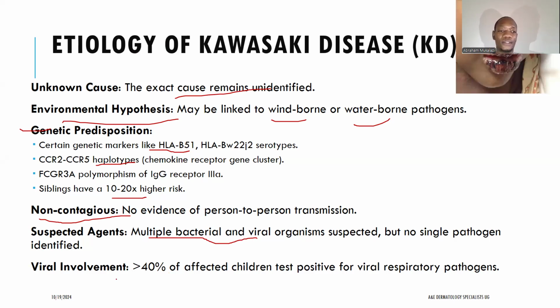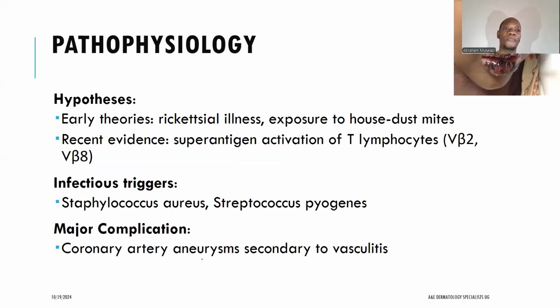Notably, in one particular study, up to 40% of the children diagnosed with Kawasaki had a positive test for a viral respiratory pathogen. But this could be incidental, present but not actually explaining the causality of the disease.